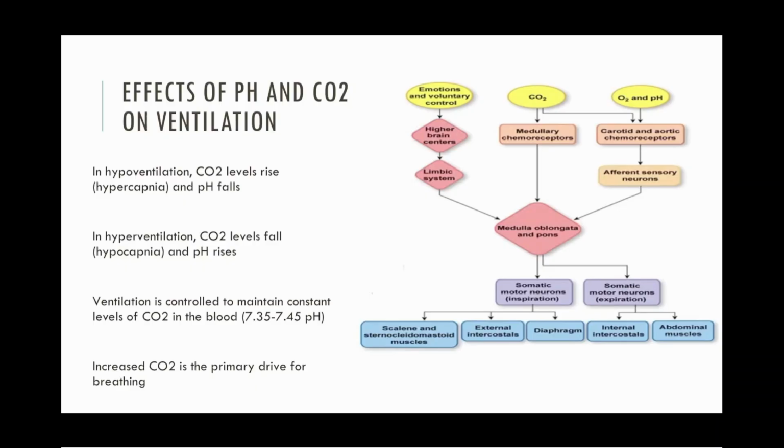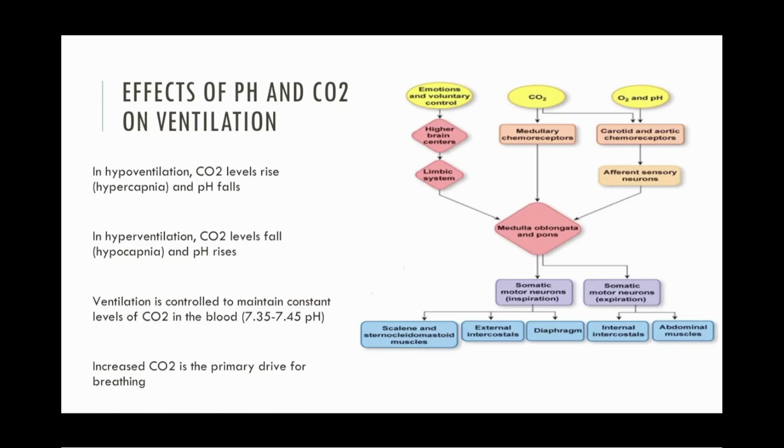It's the buildup of CO2 in the body that causes you to hyperventilate, to blow off that CO2. If you have too much or too little CO2, you adjust your respiration so the CO2 can normalize. So it's all about CO2 management.